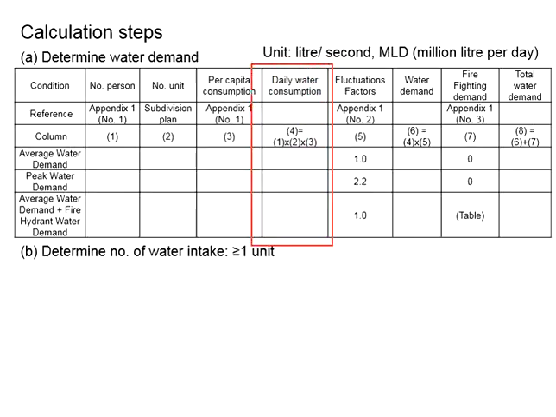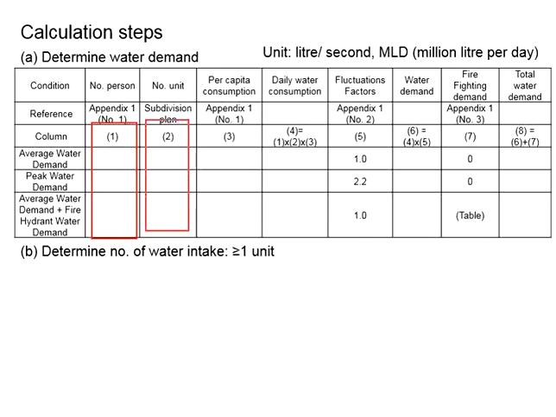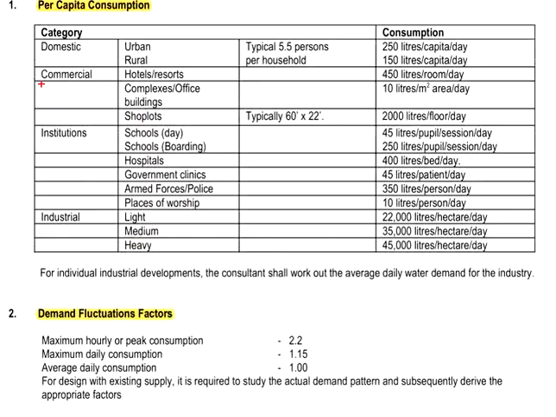To determine the daily water consumptions, you will need to multiply the first column with the second column and the third column. If you are dealing with another type of development, you may refer to the units of the consumptions.